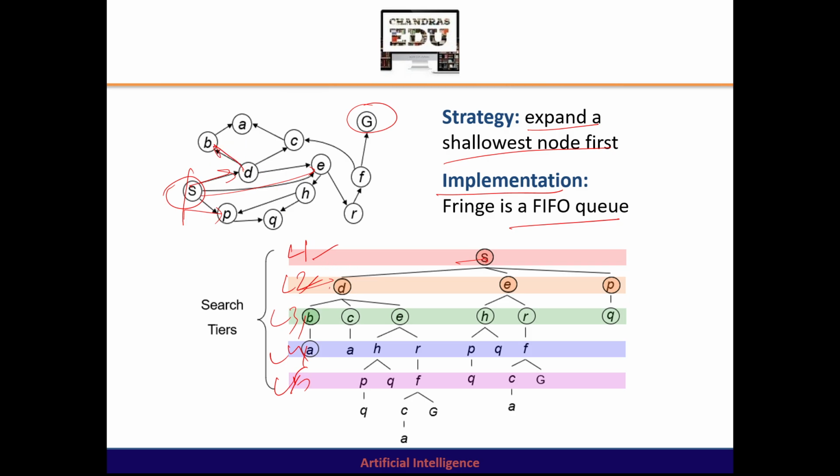Whenever we go for D, it will be pointing to B as well as C as well as E. You can see the same thing over here, B, C and E. And next, when we take in the same level E, it will try to expand to H and R. And in the same level we have P, so P is expanded to Q.